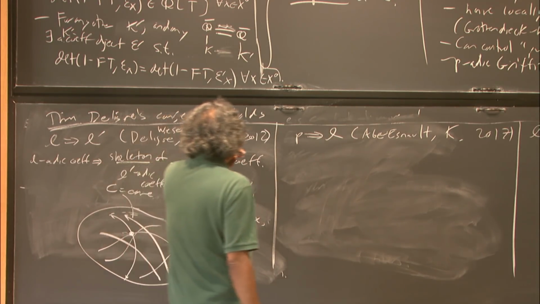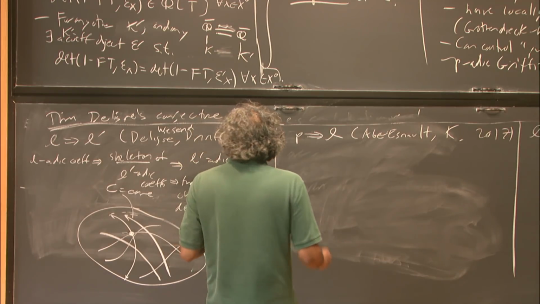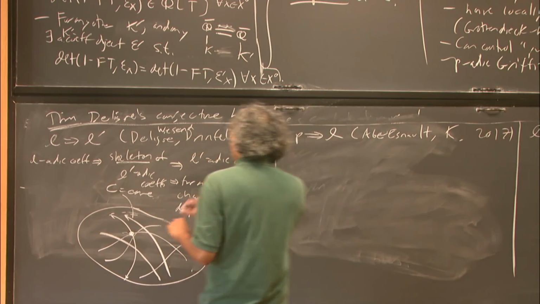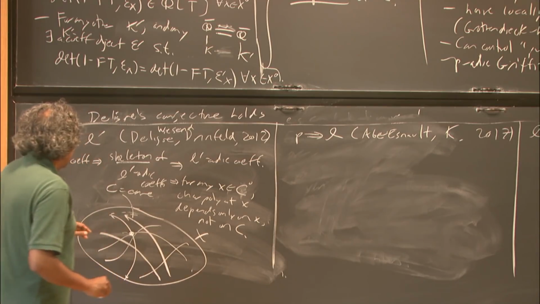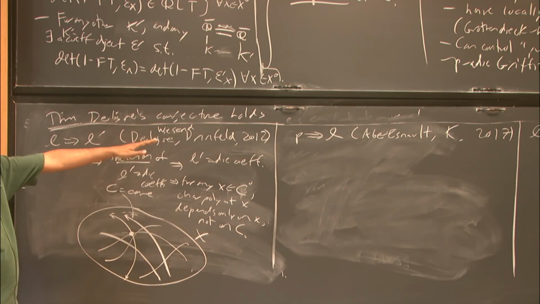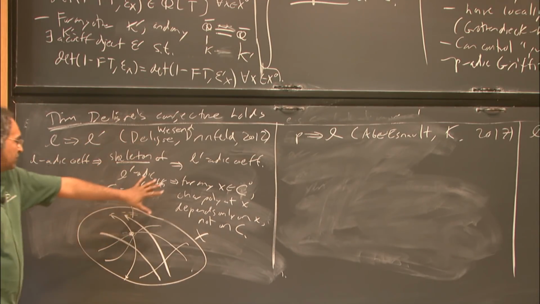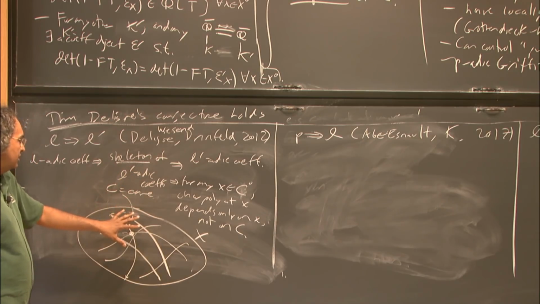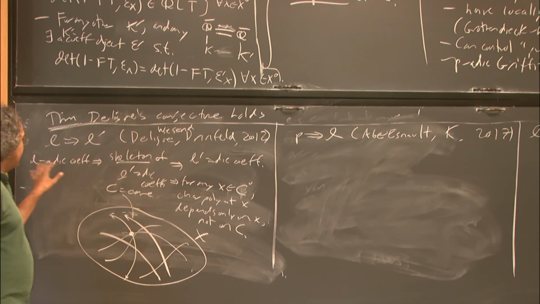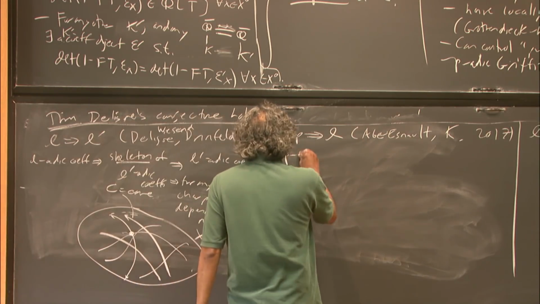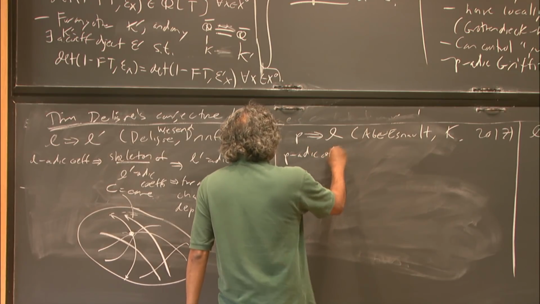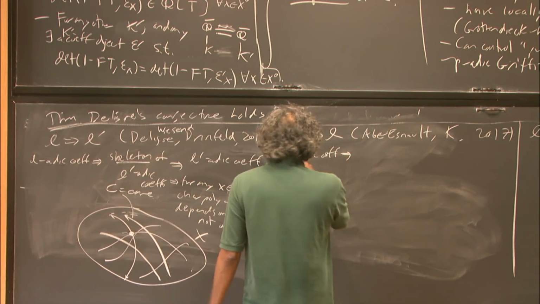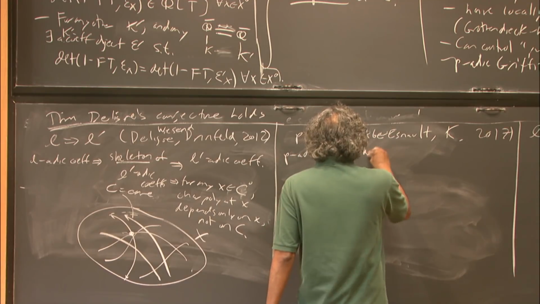So for P goes to L, the idea is that you're trying to build some L-adic coefficient. You want to run a similar program.